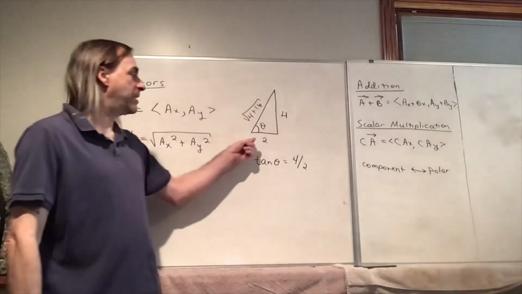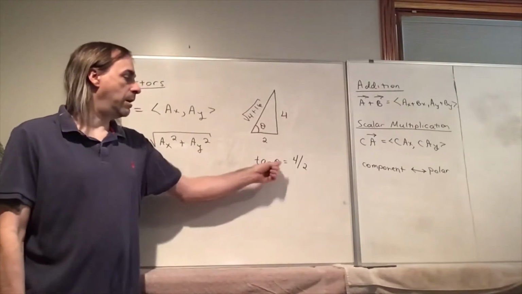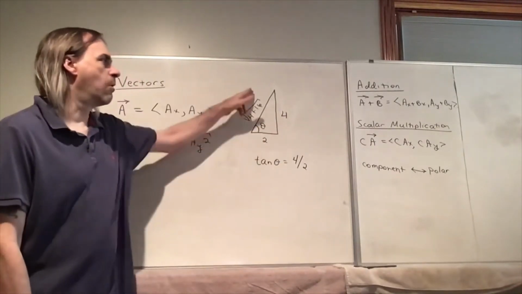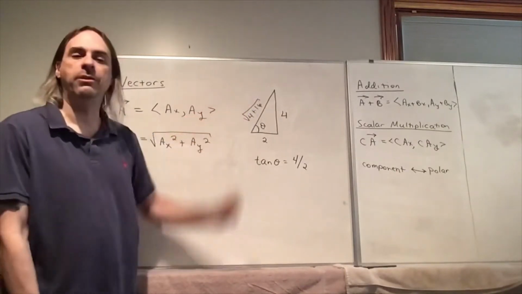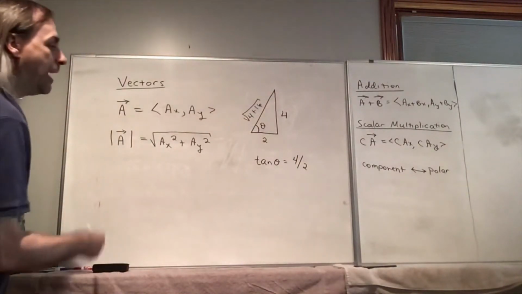Because like this vector, say you were given this vector, you know these numbers are good. And so, yeah, you can use those. But what if you screw up calculating the hypotenuse? If you use sine or cosine, then you'll get the wrong angle as well. So a little safer just to stick with tangent.